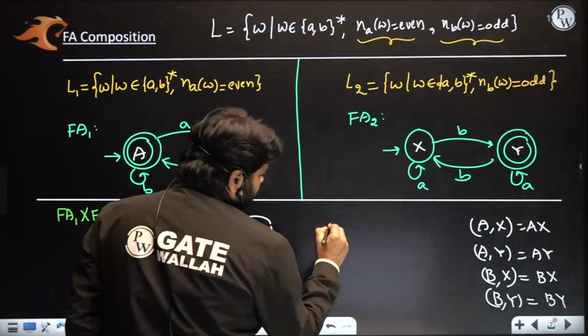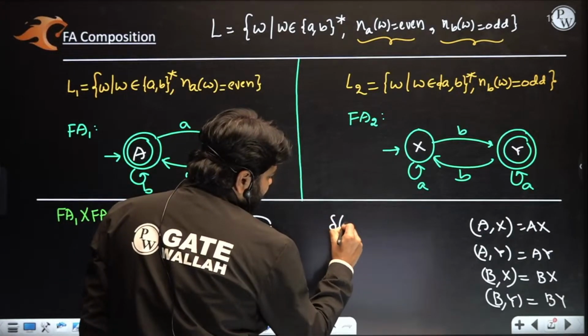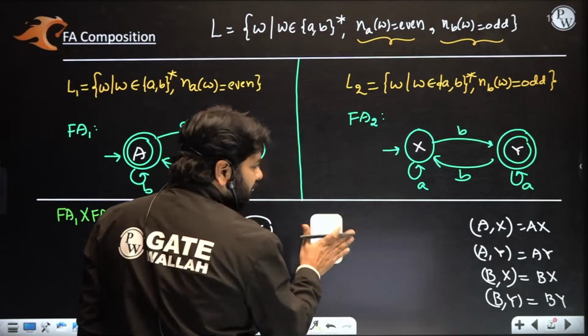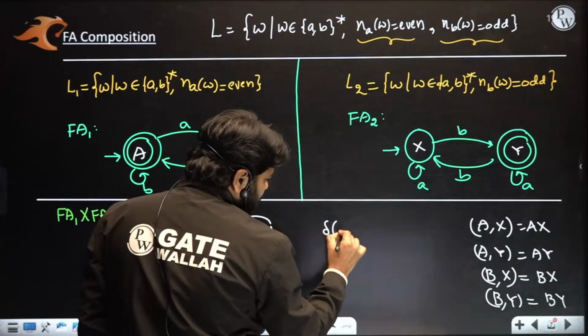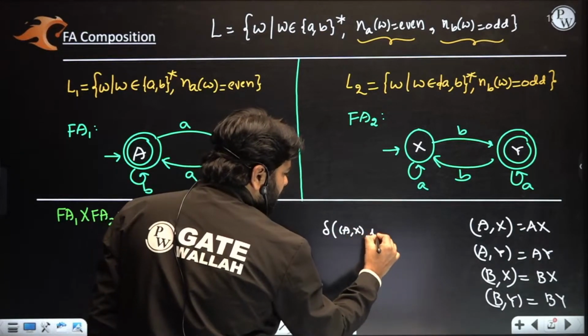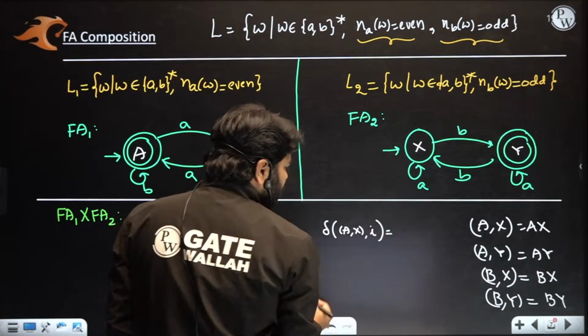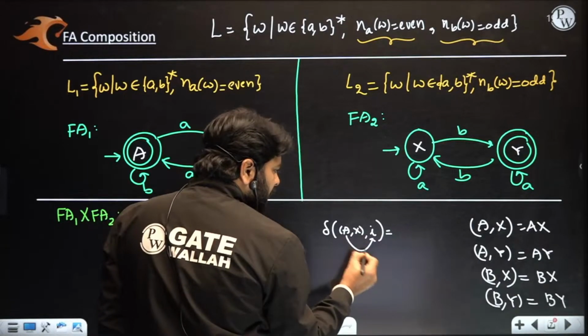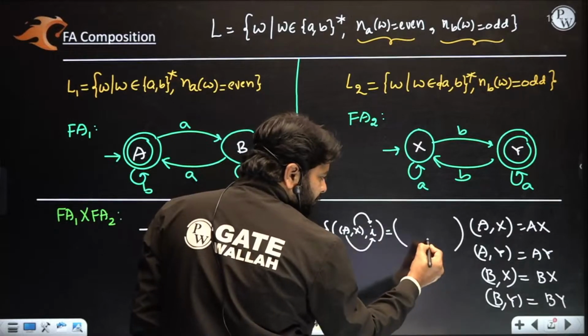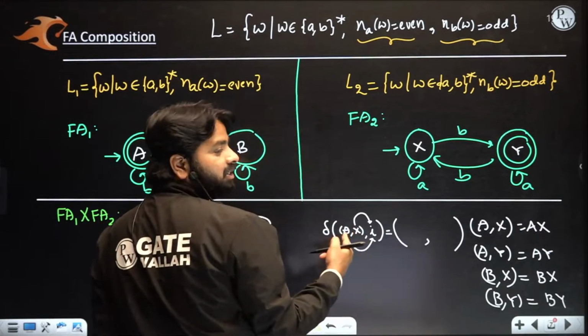If you want to know the transition for, let's say, a comma x, that is ax, using this concept, for any input I, how do you do it? First a comma I and then x comma I. Two transition functions we are going to apply.